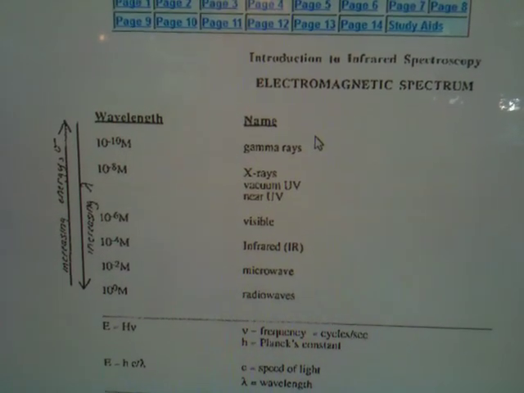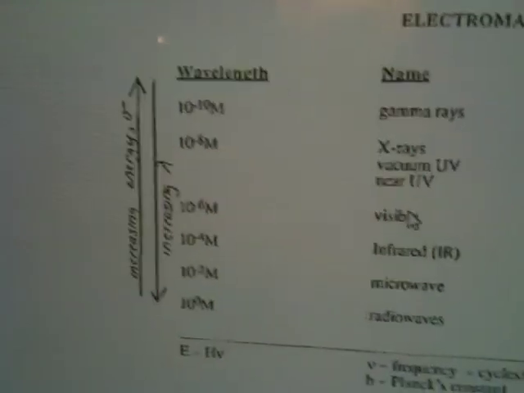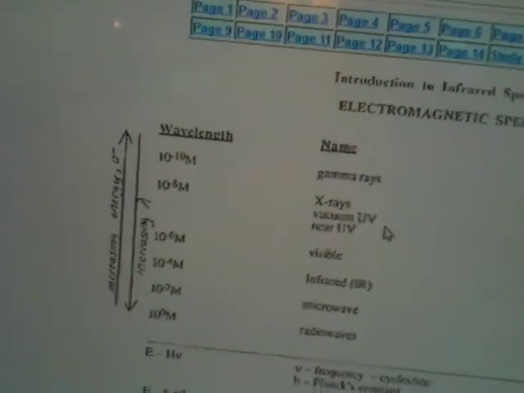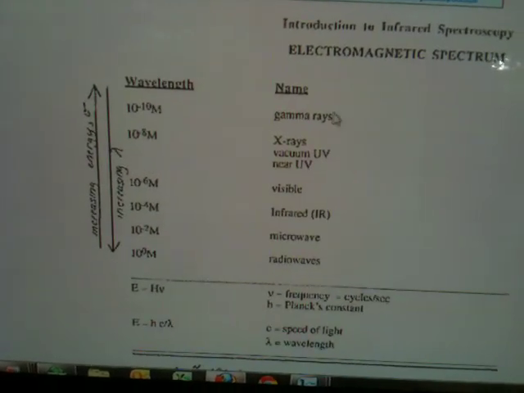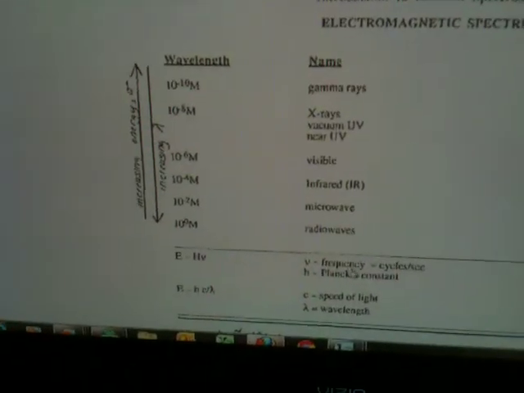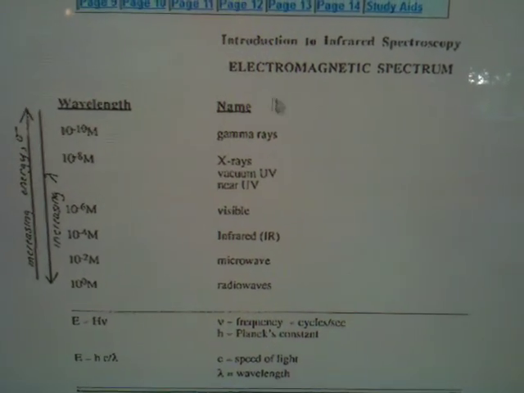And it's probably a good idea to bring them to class. And this is showing you the range of wavelengths. So if we talk about electromagnetic radiation, there's a wide range of wavelengths, okay? The highest energy electromagnetic radiation are gamma rays.